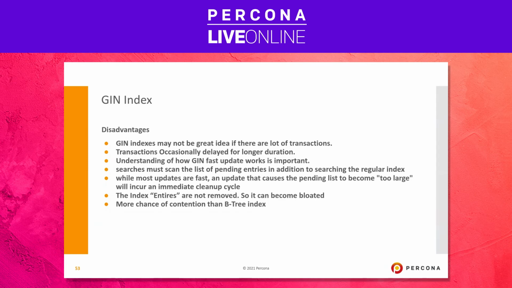Most importantly, if somebody is deciding on a GIN index, make sure that it is properly studied and tested. Another overhead is that since we have a pending list, the search needs to happen on the tree as well as the pending list entries. So this is additional work compared to other indexes, and there could be some slight overhead there.